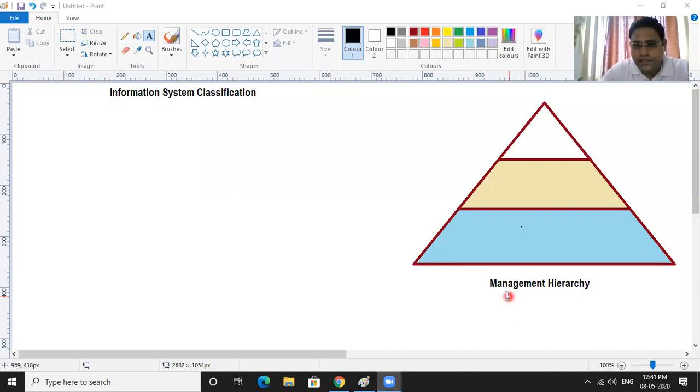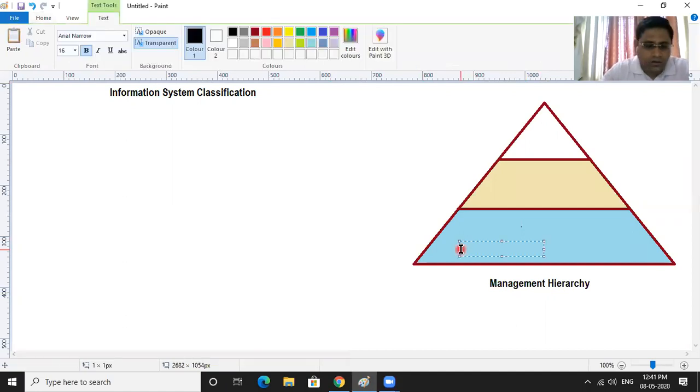Okay, so see, this is our management hierarchy. The lower level is known as the operational level. We have discussed all these in first semester as well.